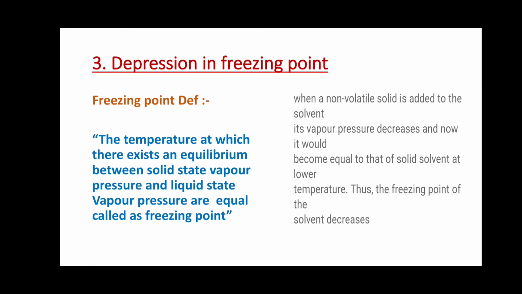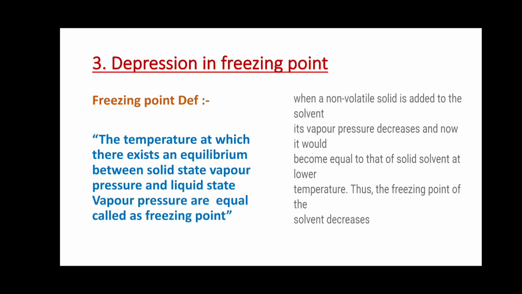The temperature at which there exists an equilibrium between the solid state and the liquid state, where the vapor pressure of the solid phase and the vapor pressure of the liquid phase are equal, is called the freezing point.